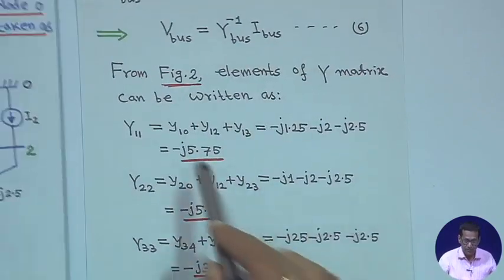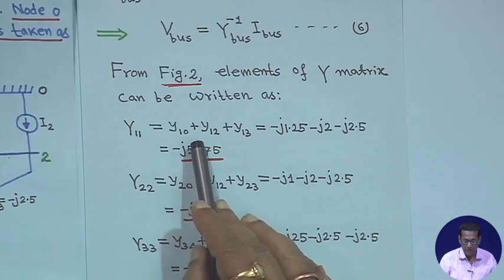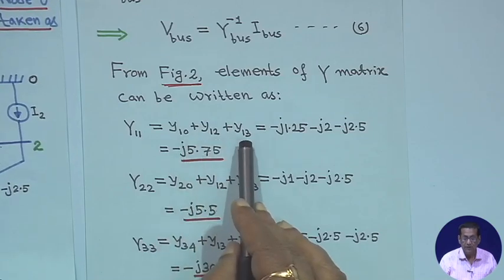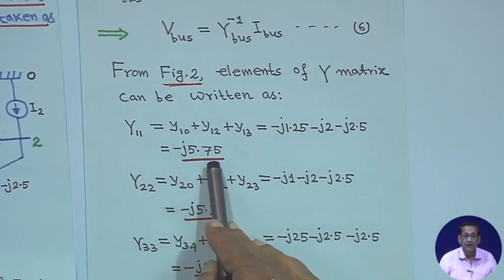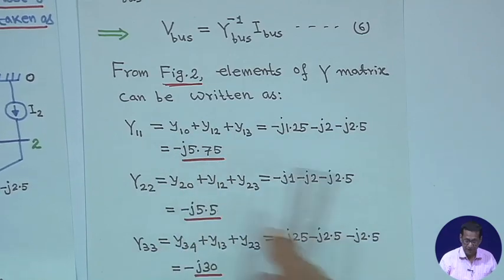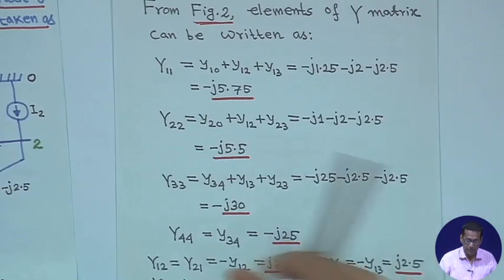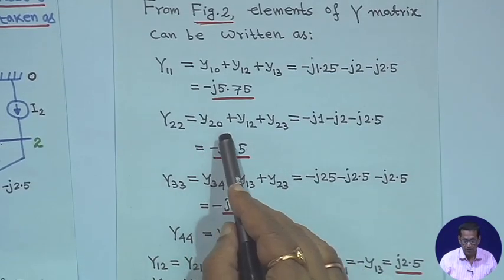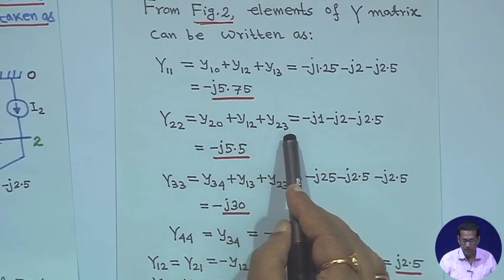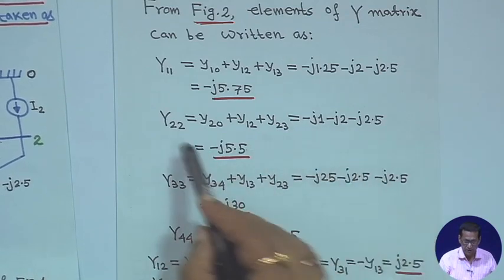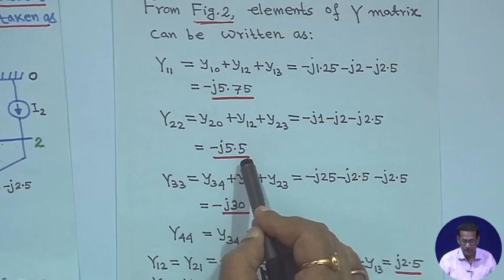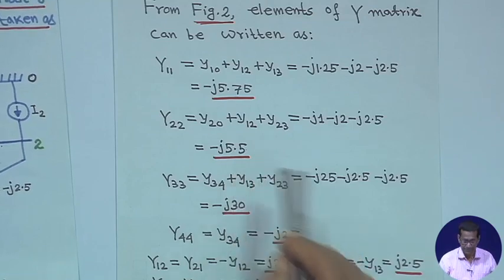Therefore, you compute capital Y11 is equal to y10 plus y12 plus y13, add all this, it will become minus j5.75, right. Similarly, the diagonal element Y22 is small y20 plus small y12 plus y23, that is minus j1, minus j2, minus j2.5. So, capital Y22 is equal to minus j5.5.